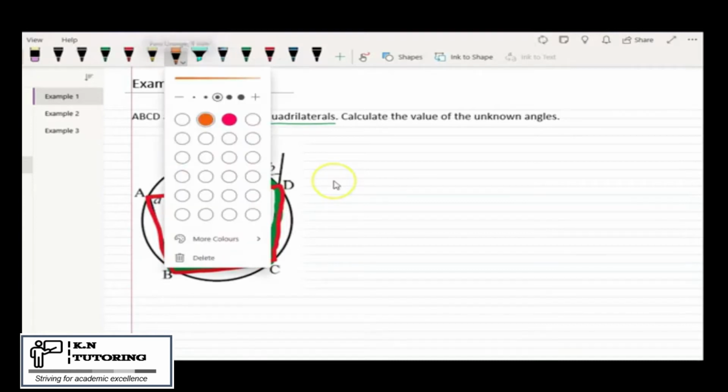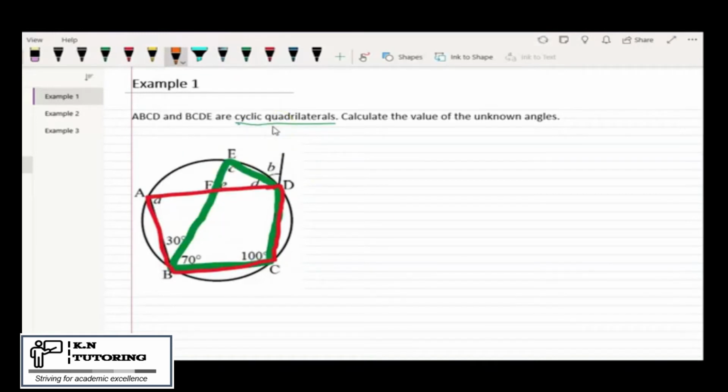Okay, so from here, and remembering what the tips were saying on the previous slide. So automatically when we see this, we know that this angle plus this angle, when you add them, they add up to 180. And then we can see that this is the exterior angle there.